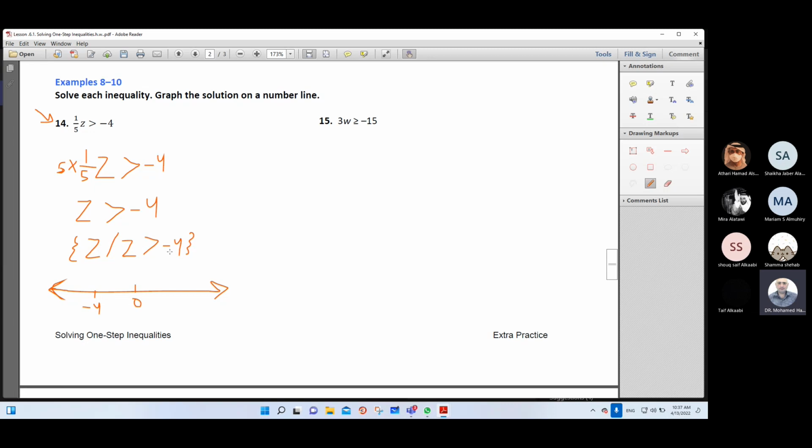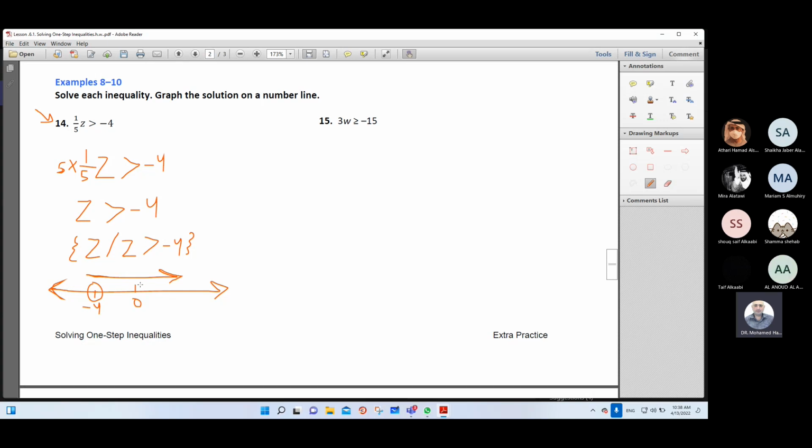As you see, we don't have equal in the sign, so draw an open circle. The values of z greater than -4 means up from -4: -3, -2, -1, 0, 1, 2, 3, etc. That means the direction will be to the positive side.